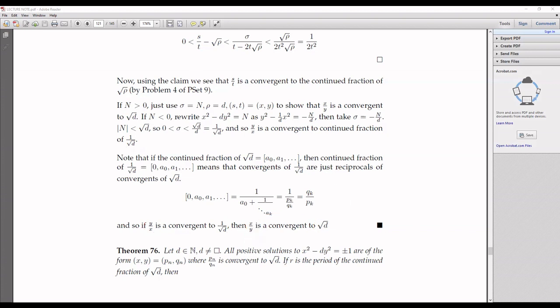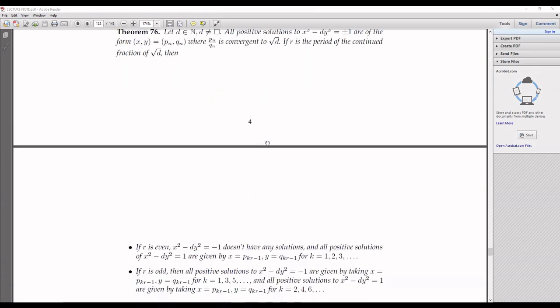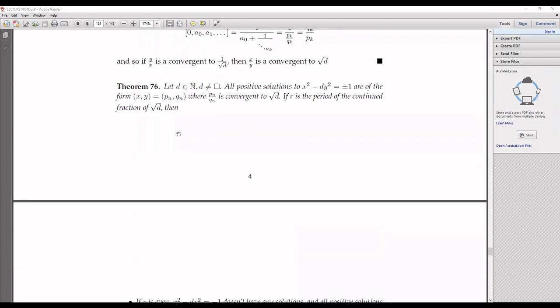Many of those convergents are going to be solutions of the Pell-Brahmagupta equation, and here they are mentioning that claim. If d is a positive integer, not a square, all positive solutions to this equation are of this form, where Pn by Qn are convergents to root d.